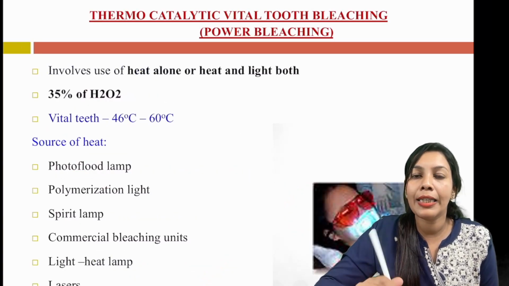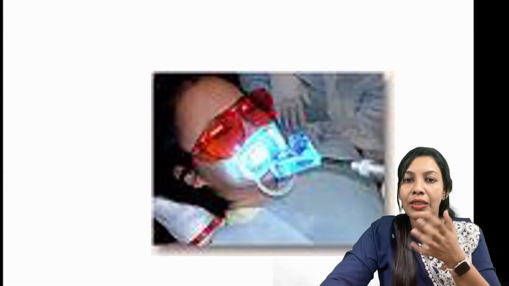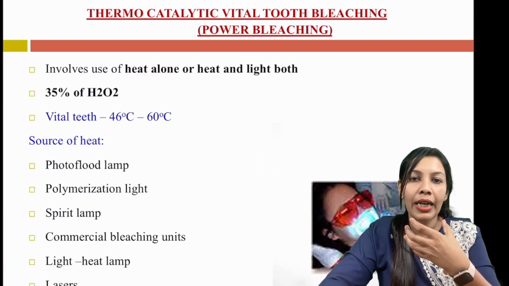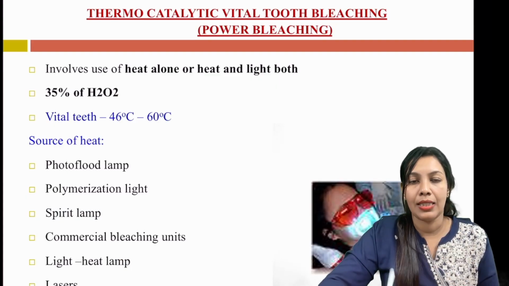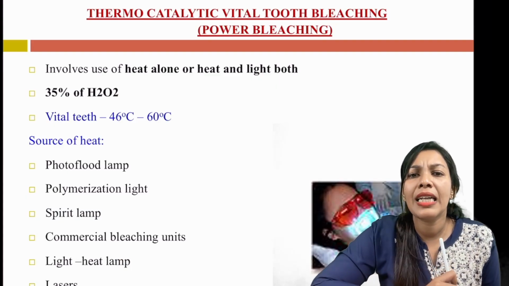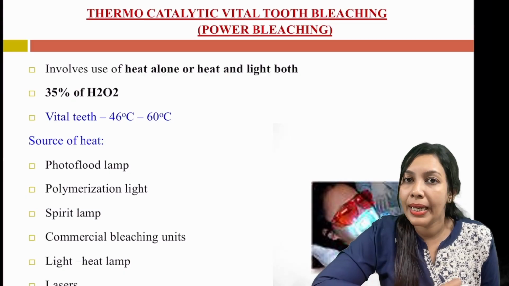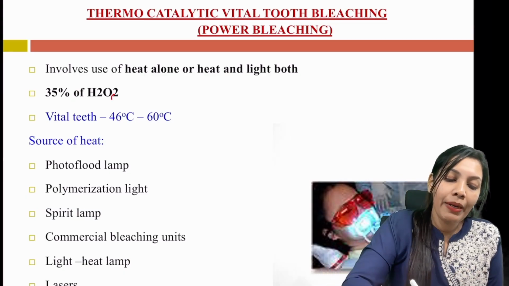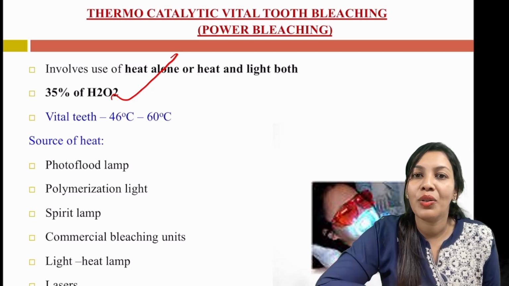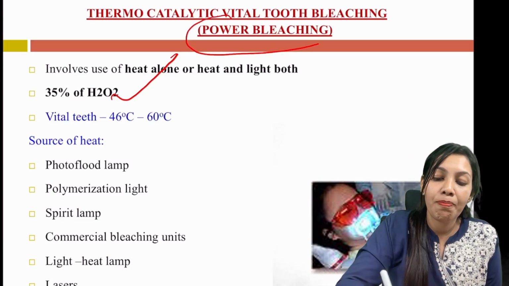So thermocatalytic bleaching, as I said, is a vital bleaching. You can see in this image, we'll be applying the agent on the tooth surface and a light from outside will be used to activate it. So what is used in thermocatalytic bleaching? Very important. Normally, 35% H2O2 is used. It is otherwise called power bleaching.